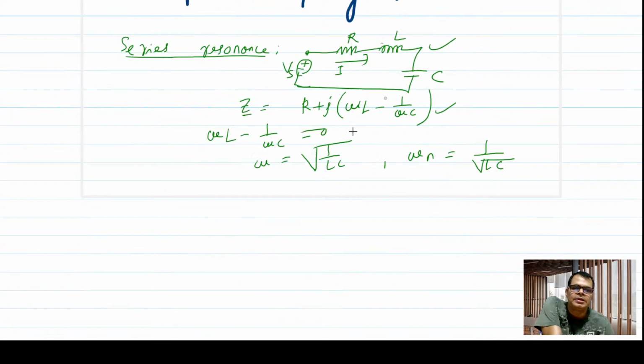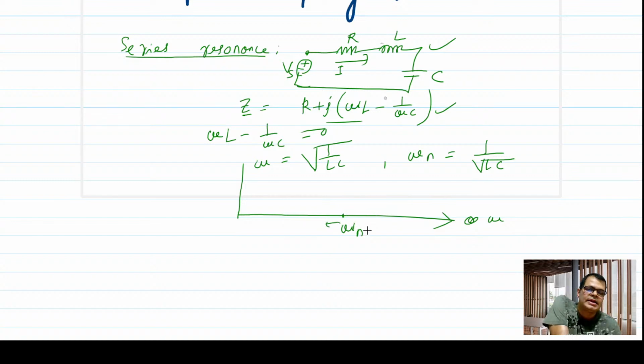For example, they ask you, this is the frequency axis, the omega axis, and here is omega n. Now tell me, below omega n, whether it is a leading or capacitive load, or above omega n whether the load is inductive or capacitive.